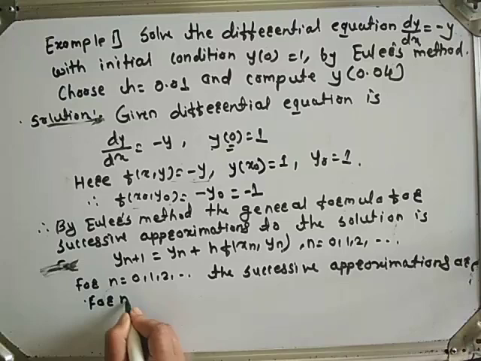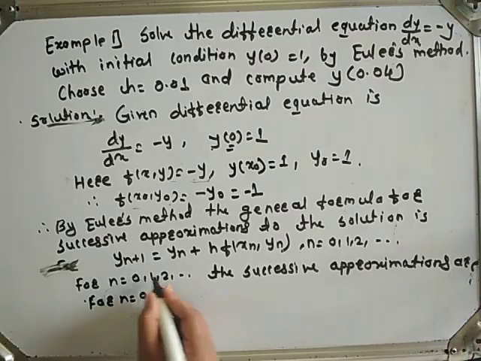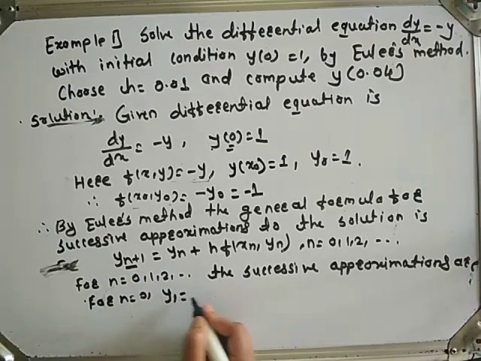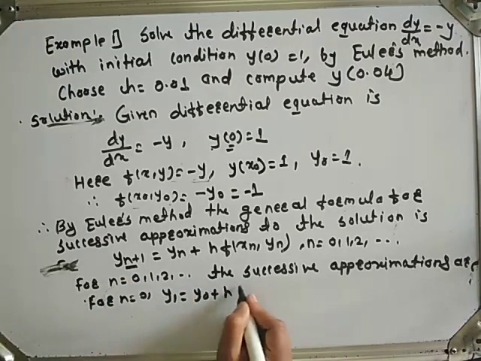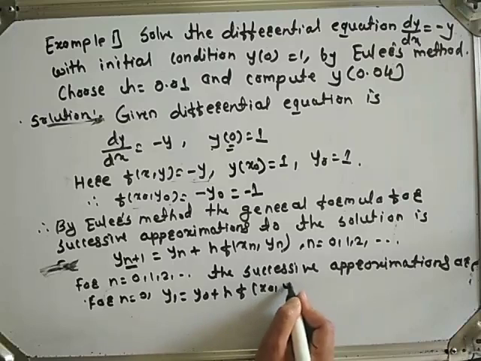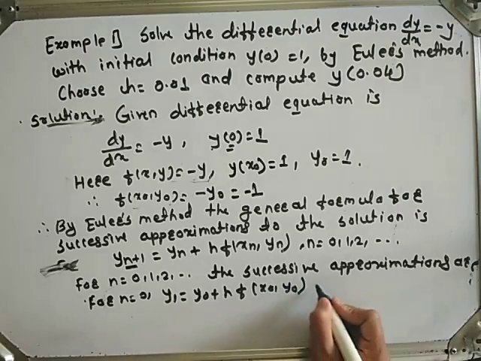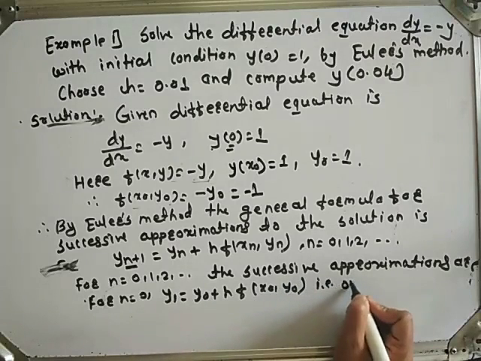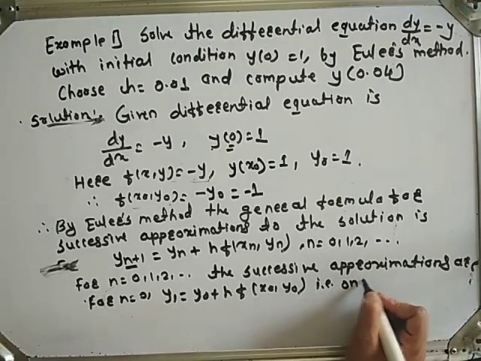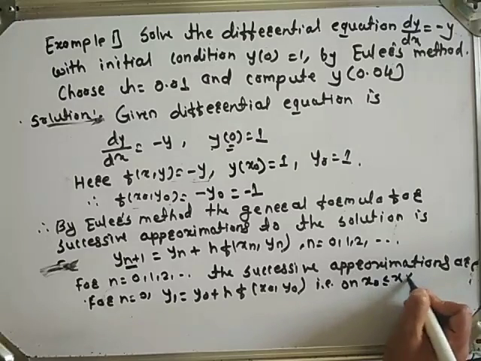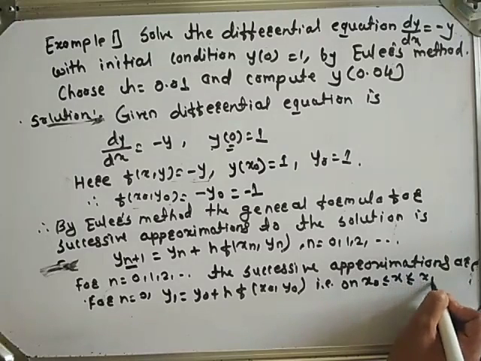put n is equal to 0, we get y1 is equal to y0 plus h into f of x0, y0. This is on x lying between x0 less than or equal to x less than or equal to x1.